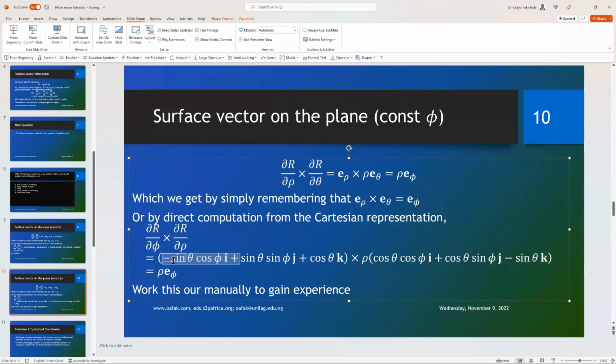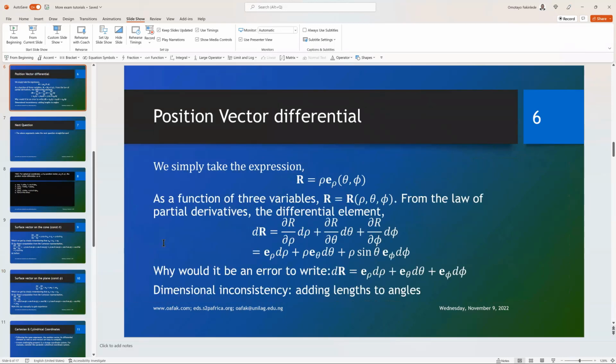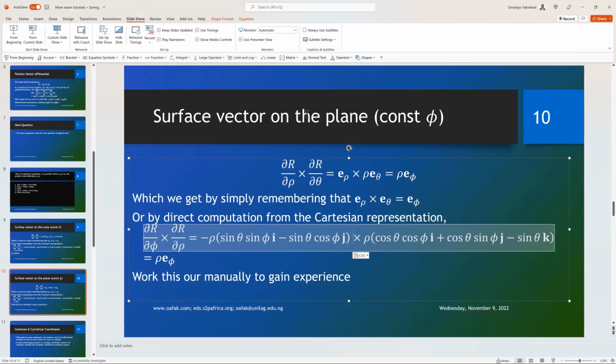Sorry, I have a bit of a mix-up here. The derivative with respect to phi, we computed that before. What is the derivative with respect to phi? Okay, now that is correct. The first term here is the derivative with respect to phi.